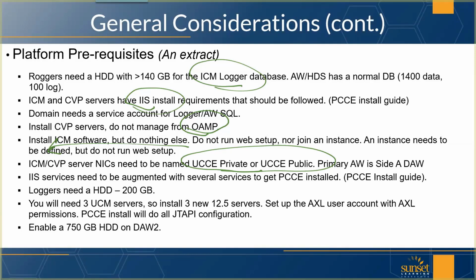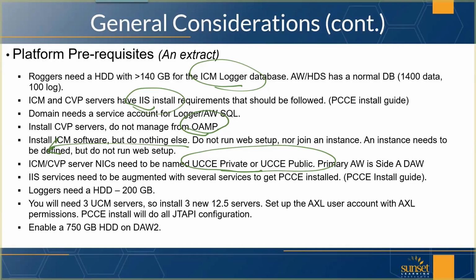Other things like the IIS services need to be augmented with several additional services to get the PCC installed. Again, look at the install guide for further details on that. The loggers need the 200 gig HDD, as we've said. There are 3 call manager servers, 1 being the publisher, 2 being subscriber.